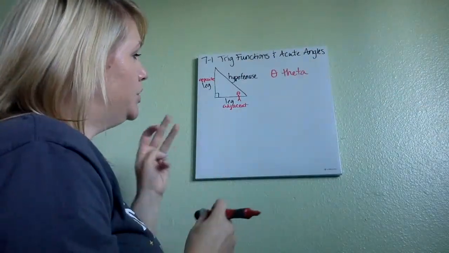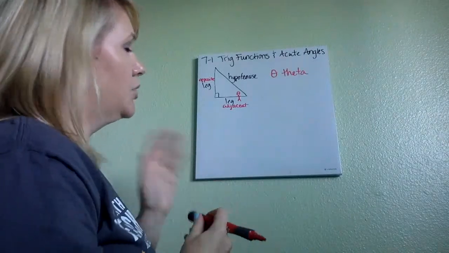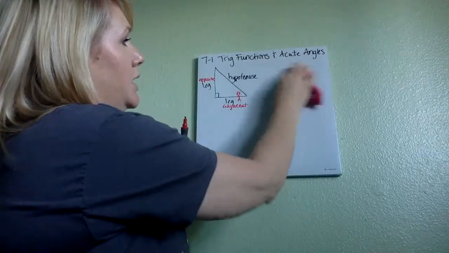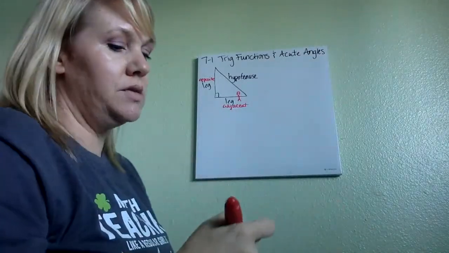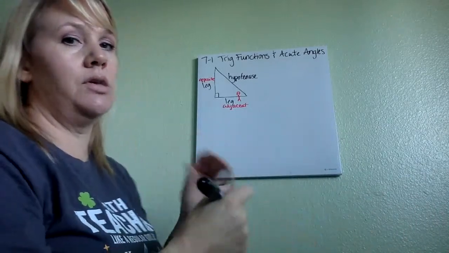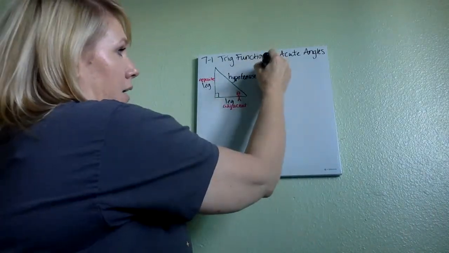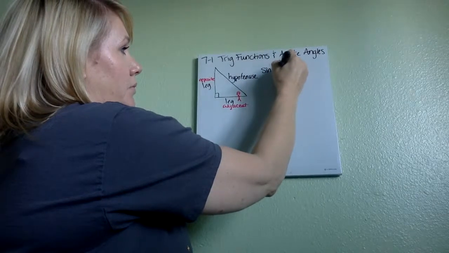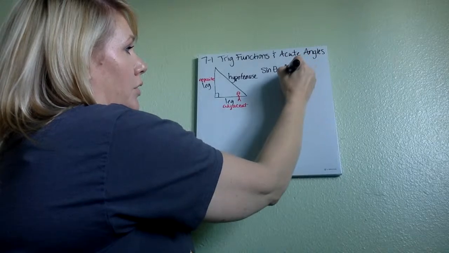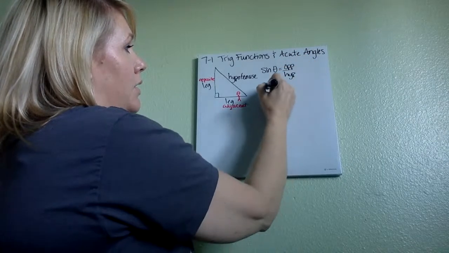Okay, so once you have decided which side is adjacent and which side is opposite, the sine, the cosine, and the tangent are the three basic trig functions: sine, cosine, tangent. I'm not going to write out their full names, I'm going to use their abbreviations. So sine is the opposite side over the hypotenuse.